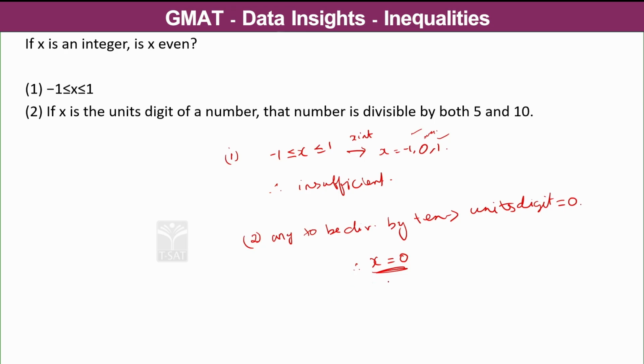So, you can say that 0 is even. So, x is definitely even. The information given is sufficient to answer the question. So, answer is option B. Statement 2 is sufficient to answer the question, but statement 1 is not sufficient to answer the question.